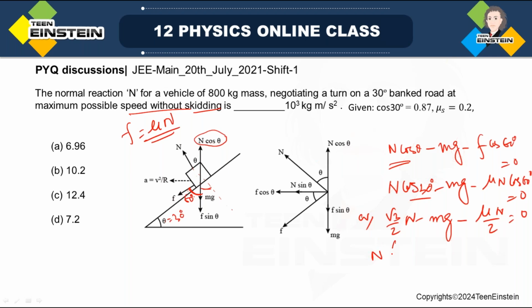So n times root 3 by 2 minus mu by 2 is equal to mg.